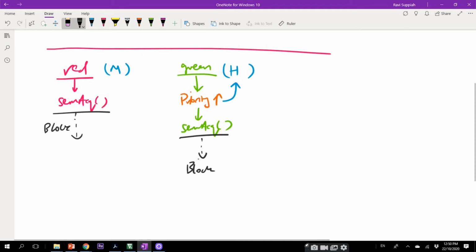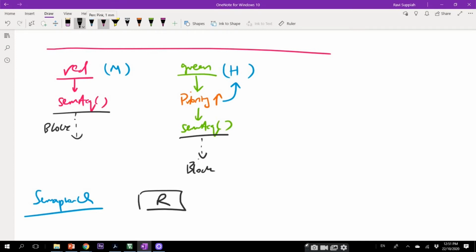Okay, so right now, if we analyze it from the semaphore queue, the first person to join the queue was the red thread, because it tried to take the semaphore, but it was not available, so it went to a block state. Now, the next thing that happened was the green LED thread came in, and it also joined the queue.